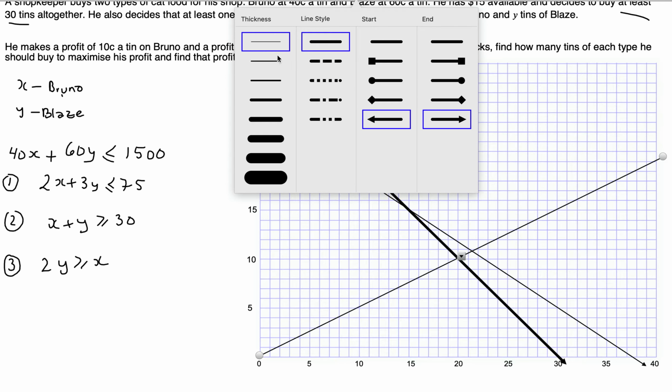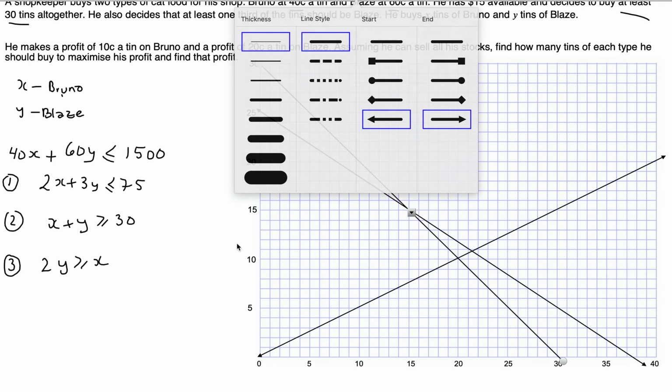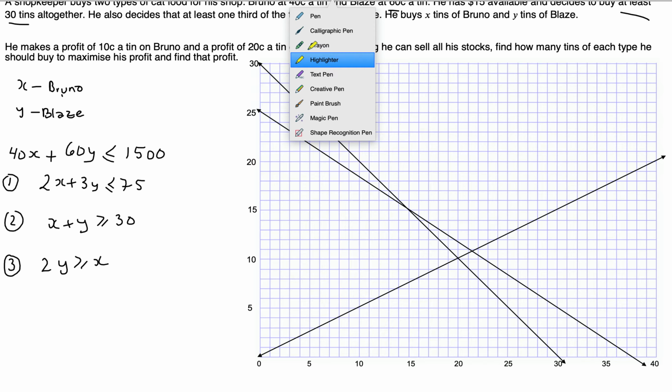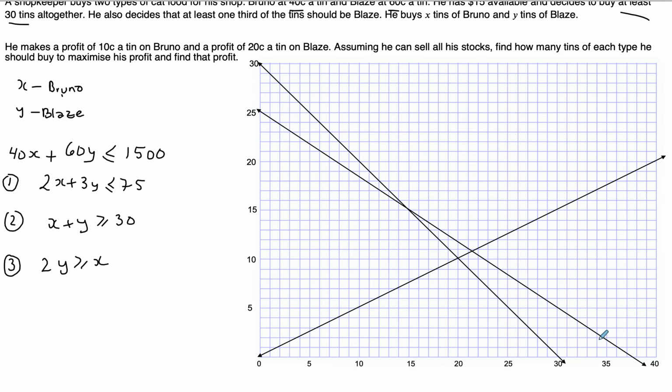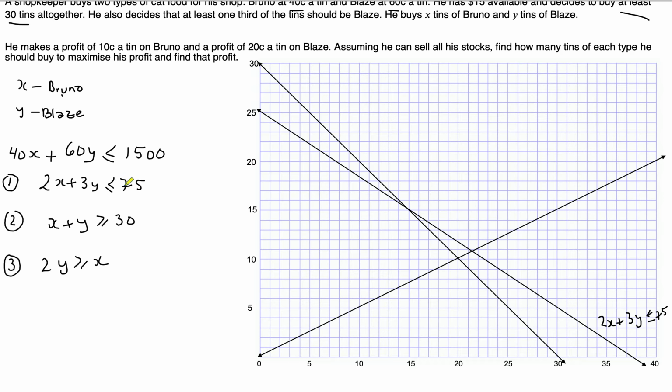So the best technique so far is to substitute 0 when needed, or just knowing where the region is if it's clear. So for the first one, which is the 2x plus 3y equals to 75, I'm looking at all the values less than 75, so anything above this region is not included.